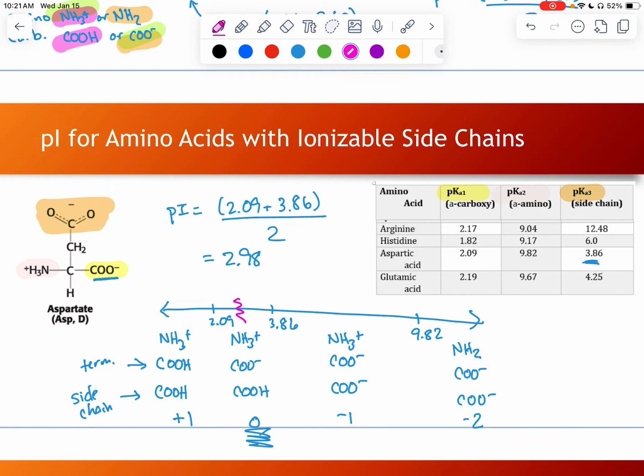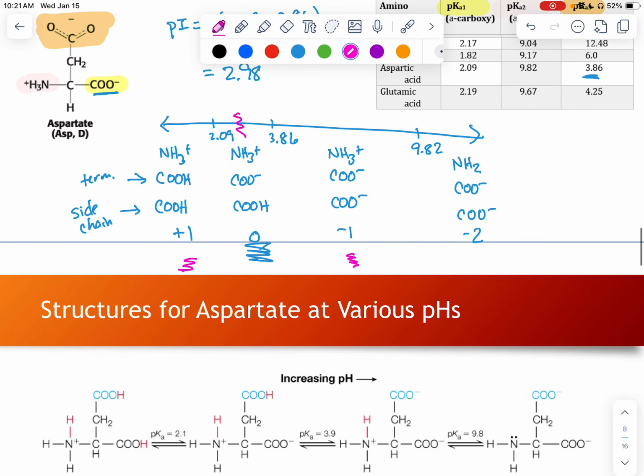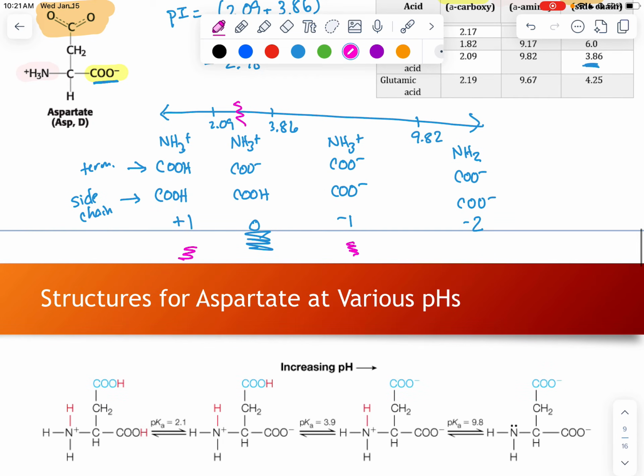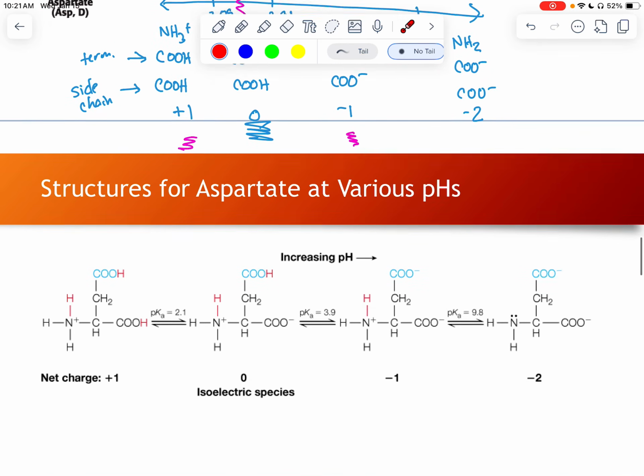Above that, we start tilting more towards the negative. Below that, we start tilting more towards the positive. All right. This is just pictures of what we just worked out mathematically. So if you want to follow along going from here to these pictures, you can certainly do that.